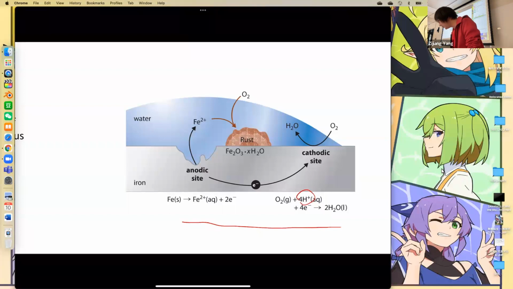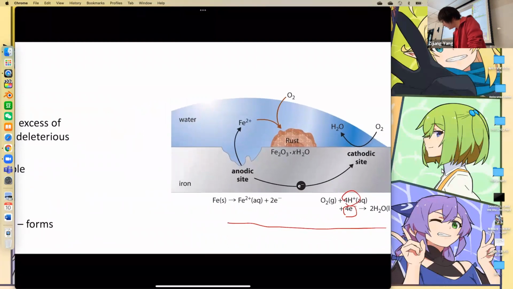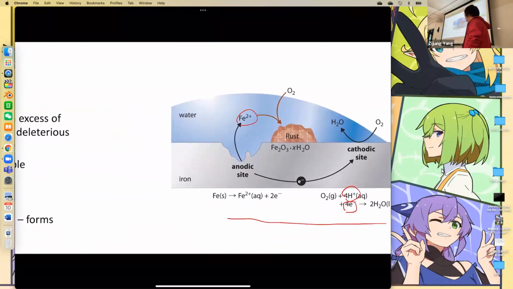If we have more H plus, then we will have more free electrons. And when we have more free electrons, the iron will be easily oxidized from 0 to 2 plus.